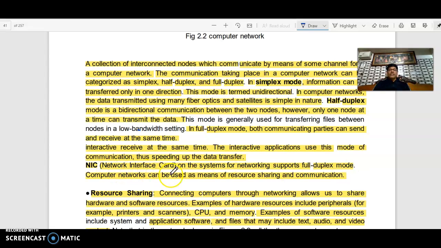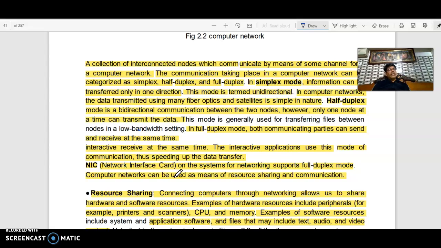And computer networks can be used as a means of resource sharing and communication. At the backbone, this network interface card has one particular address called the MAC address, which is the permanent address, media access control address, given by the manufacturer itself. That MAC address identifies which computer we are using.